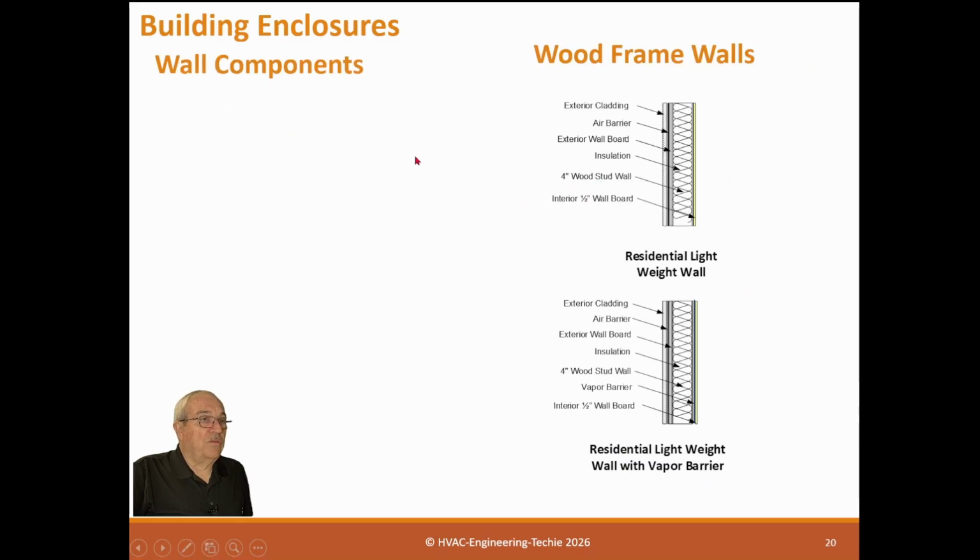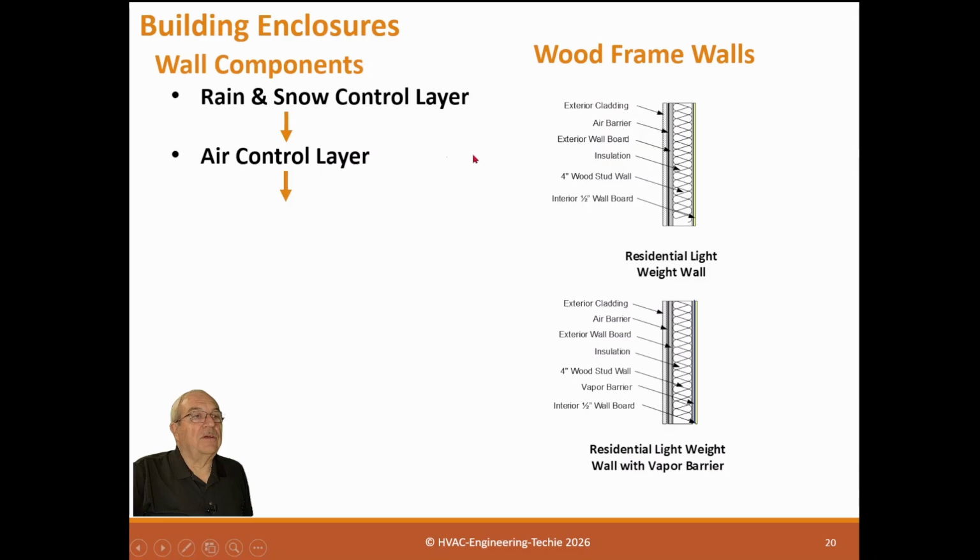So here's a wood frame wall, which is a light wall, and you can see it's got the same thing. On the outside, we have to have some kind of rain or snow control layer. It could be stucco, it could be siding, it could be brick, it could be all kinds of things out here, but it needs to have a rain and snow barrier. These have an air control layer, which on this one is hard to see. It's pretty small for me anyway.